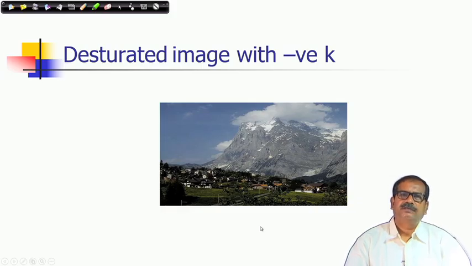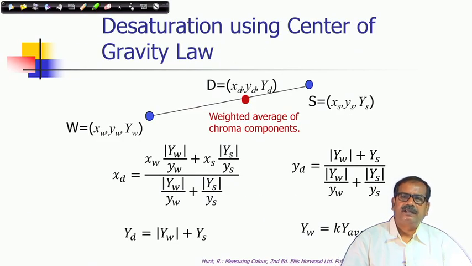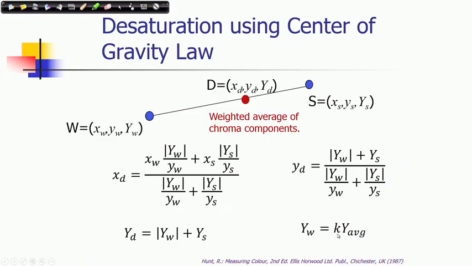There are some variations you can make. If I use the negative value of k as the intensity at the white point, you remember k times the average y. Let me show you the effect of what is defined by k. It is a multiplication factor with the average y value, giving Y w, and this is how the intensity at this point is determined.